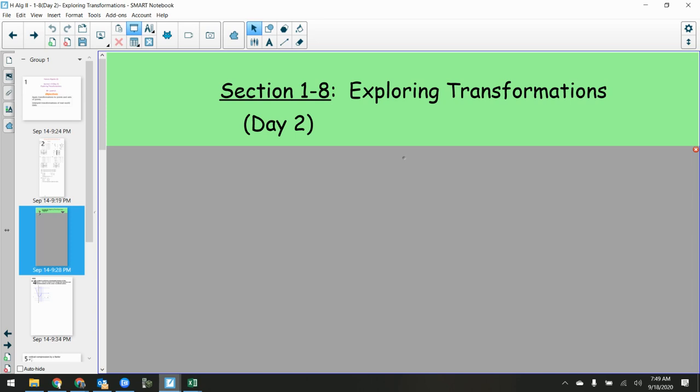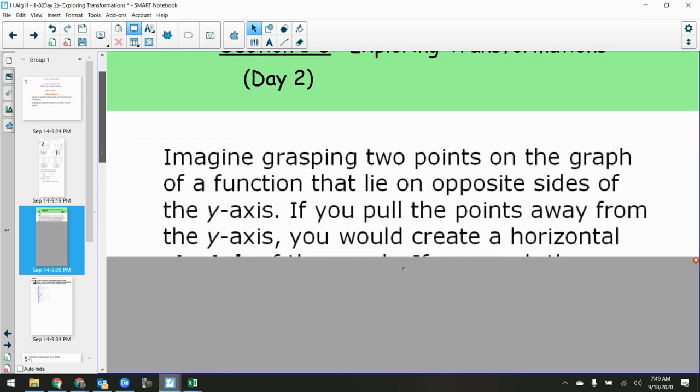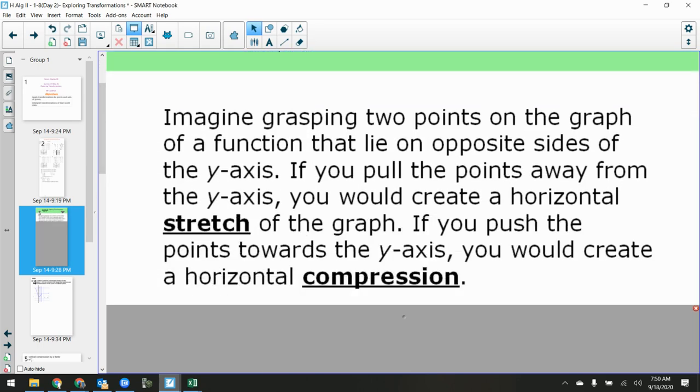All right. Imagine grasping two points on the graph of a function that lie on opposite sides of the y-axis. Say you had some function, and you take a point on either side of the y-axis, and you start pulling those points away from the y-axis.